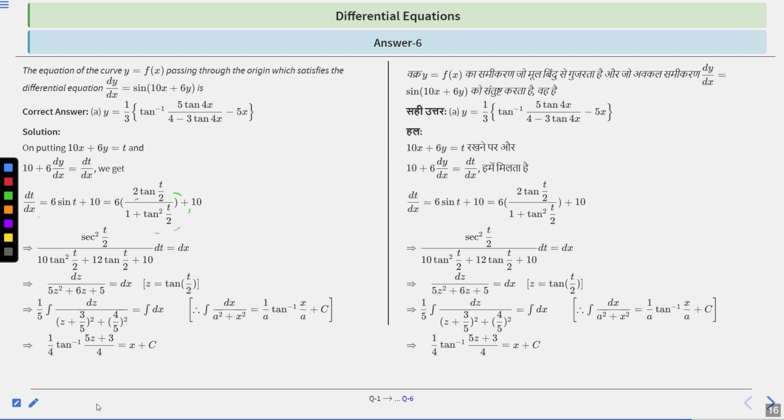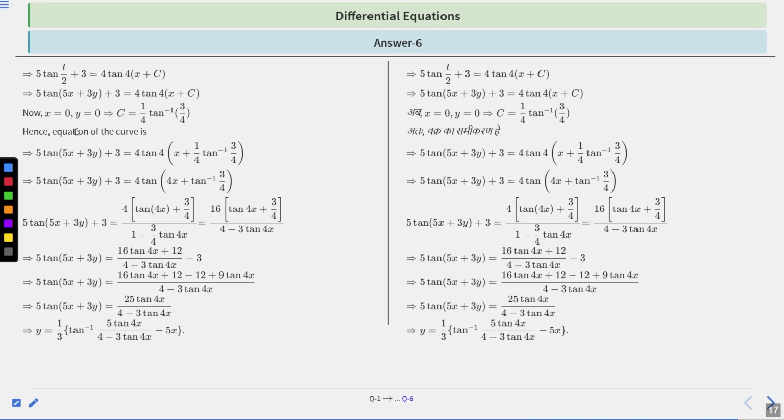Now we can replace z with tan t by 2. Therefore, we get 1 by 4 tan inverse of (5 tan t by 2 plus 3) upon 4 is equal to x plus c, right?